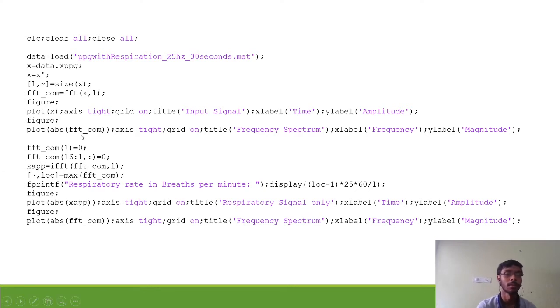We took the absolute value of FFT_com, which will be the frequency spectrum. After that, we need to understand here that the main thing is the 1 to L range.